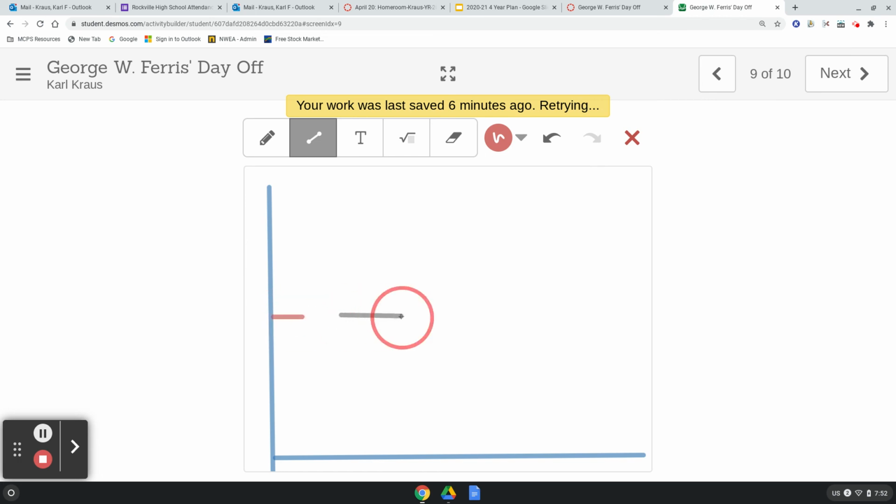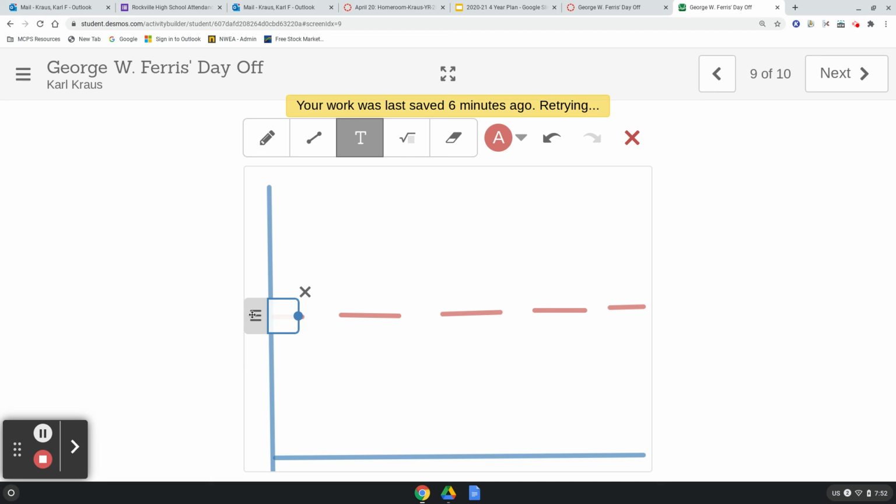My center line would be at 50. And then up here at 90. And then down here would be 10.